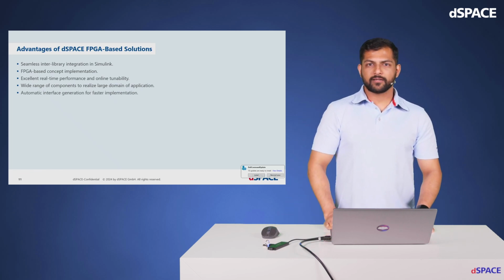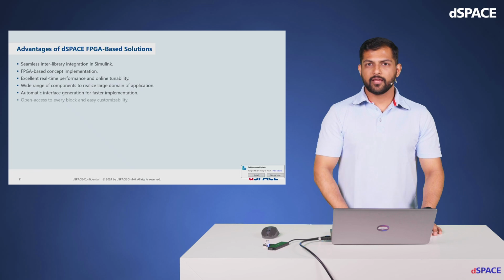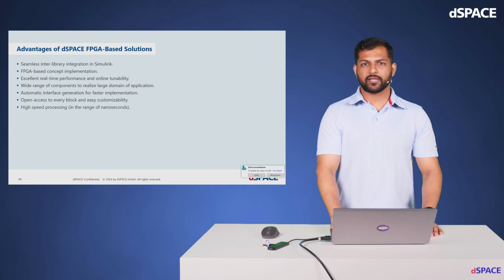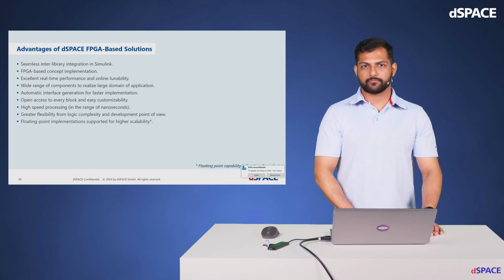For faster implementation during the development phase, the automatic interface generation feature is provided. Nothing is hidden. It is possible to look under the mask of every block. FPGA implementation allows for quicker task turnaround time and greater flexibility from logic complexity and development point of view. For higher scalability, floating point implementation is also supported.